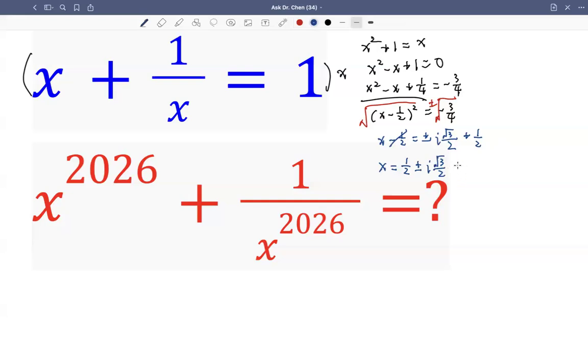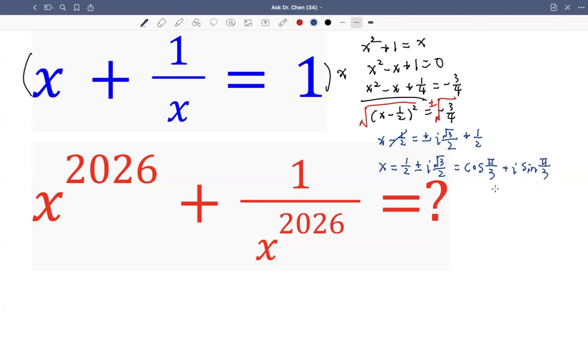Remember the formula, right? Euler's formula. So with Euler's formula we can rewrite this as cosine. The half has a value of cosine pi over 3, or cosine 60, then plus i sine pi over 3, right?